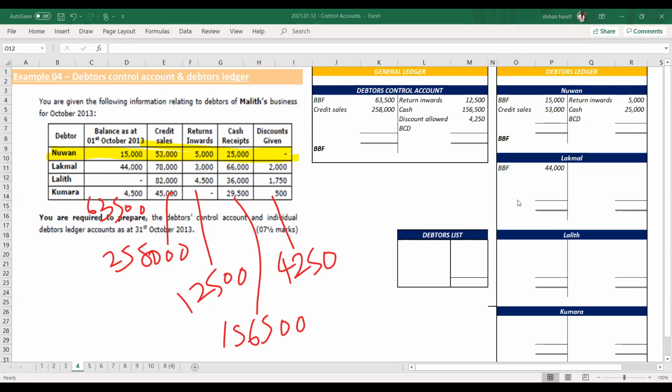Individual account, you take the individual balances from the table. It is not hard, it's very simple.